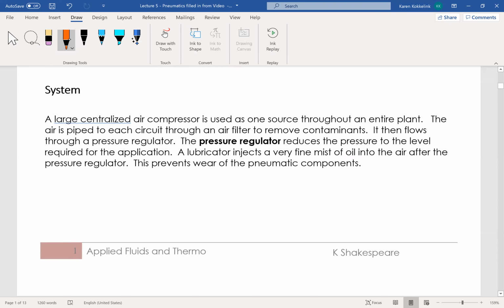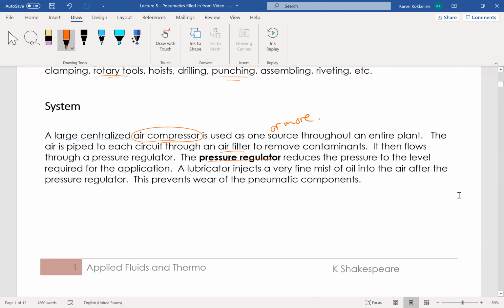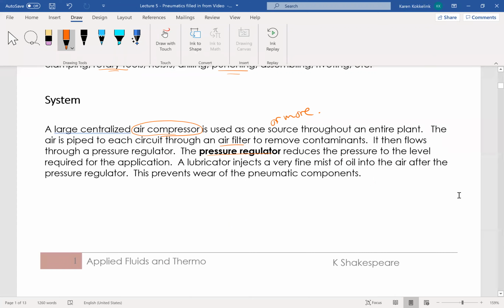So in a pneumatic system, usually there's one large or a series of large air compressors that are one or more sources throughout the entire plant. So the air is piped to each circuit through an air filter. In third year, we're going to talk about the filters and the regulators and everything. And we're going to get into energy management. There are a lot of money saving opportunities in compressed air systems.